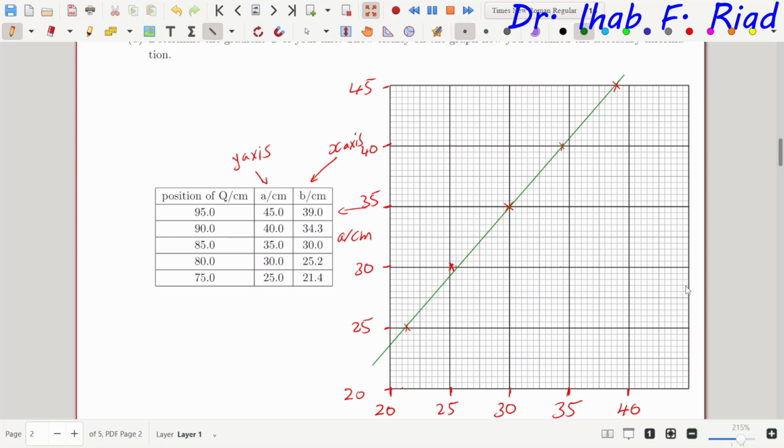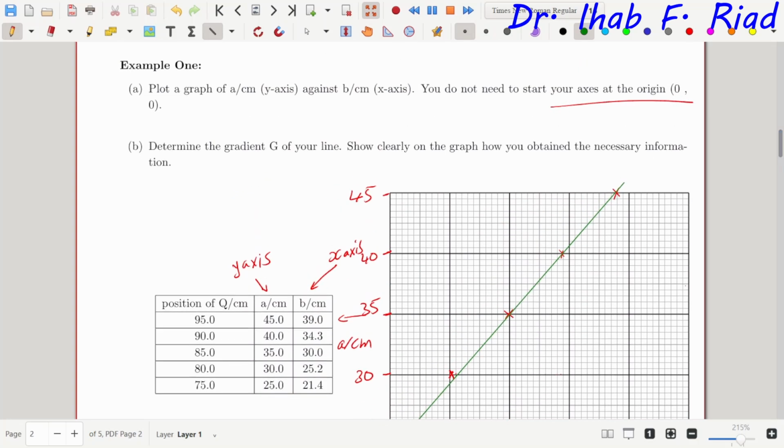Now we are asked to calculate the gradient. Determine the gradient of your line. Show clearly on the graph how you obtain it. So to calculate the gradient, you have to draw a right angle triangle. You need to draw a right angle triangle along your line.